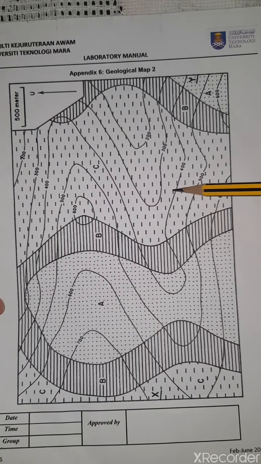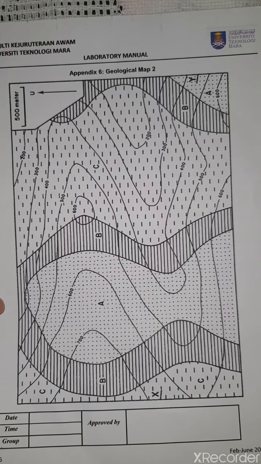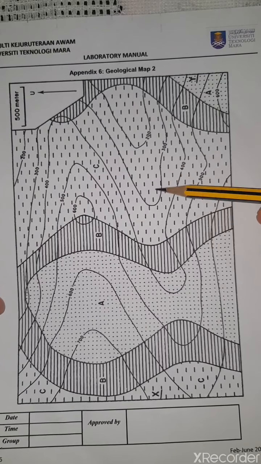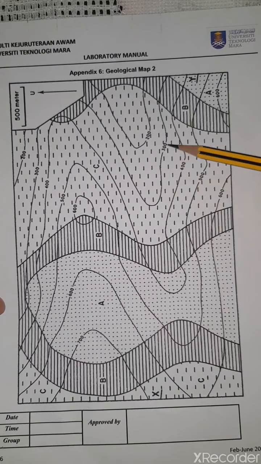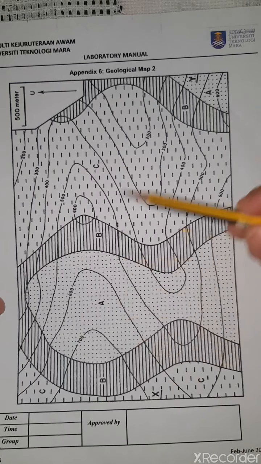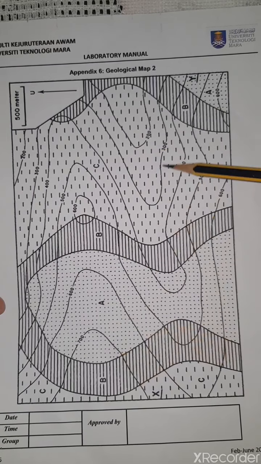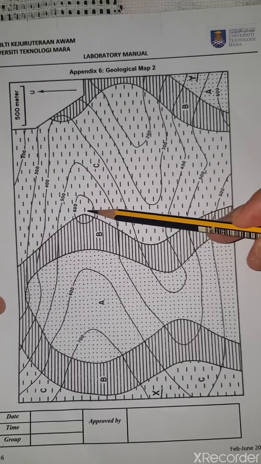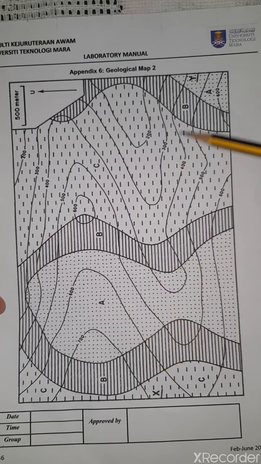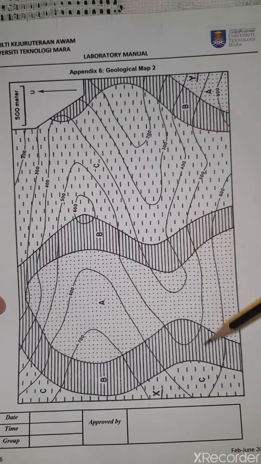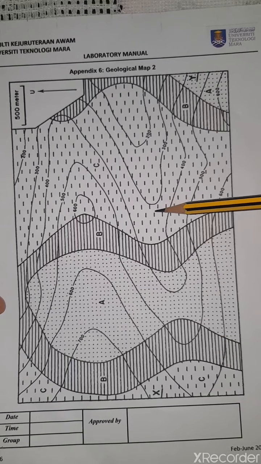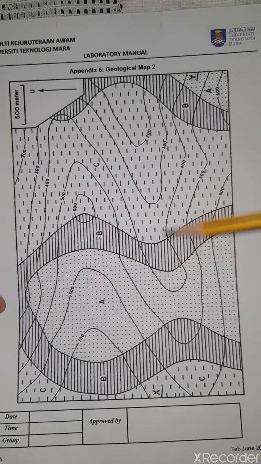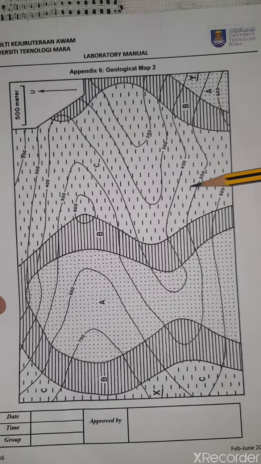You must refer to Appendix 5b, which has the legend or key, refer to the colors, and fill all of this Geological Map 2 with the right color. Then I will show you how to determine this strike and dip.